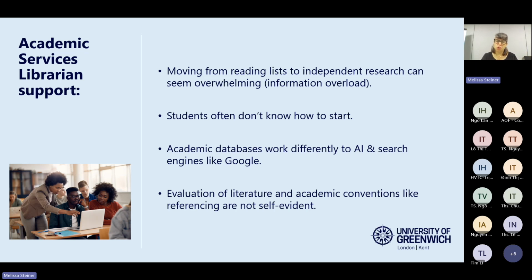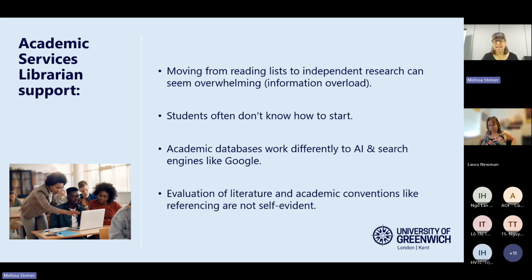Many students don't know how to start researching. They're at a loss to know how to begin. And as I said, the academic databases that we're going to look at today work very differently to generative AI and search engines like Google. So that tension between the different ways of searching can come up, and we need to guide them through that.